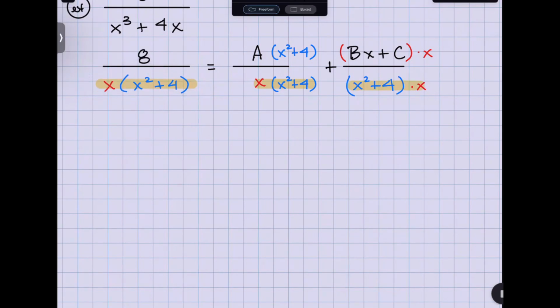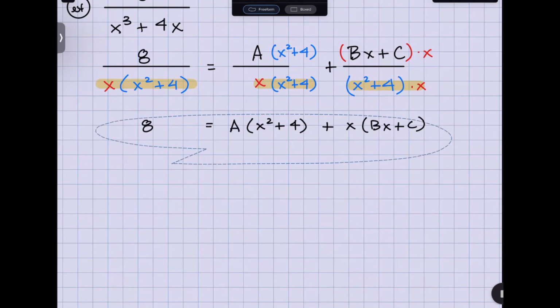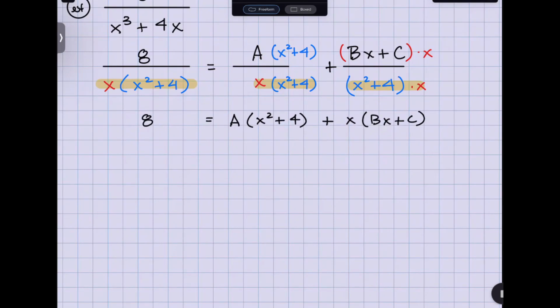Everybody agree? So that means I can rewrite this equation as 8 is equal to A times x squared plus 4, plus x times Bx plus C. Not bad so far?